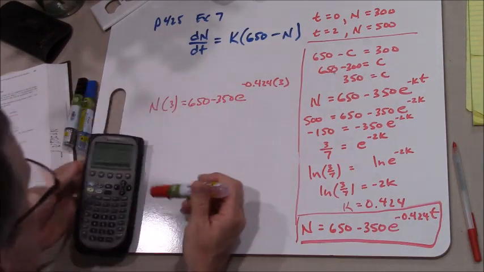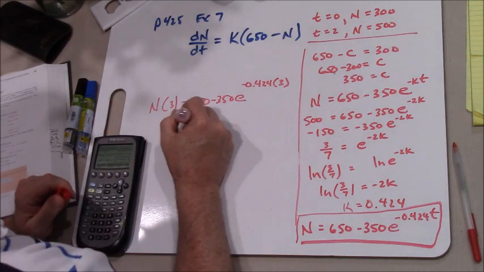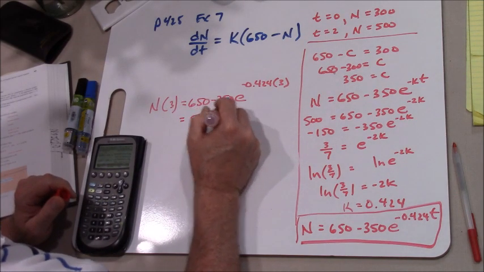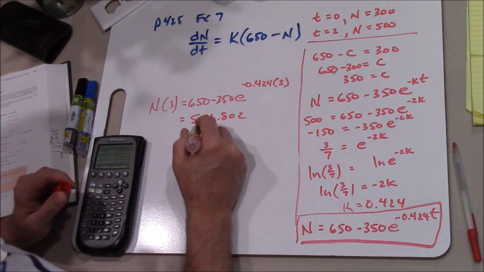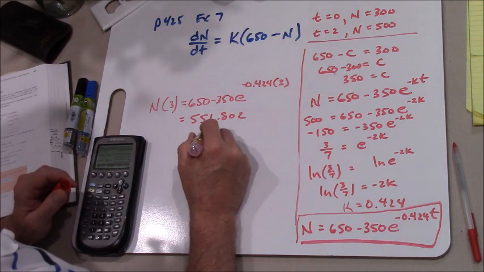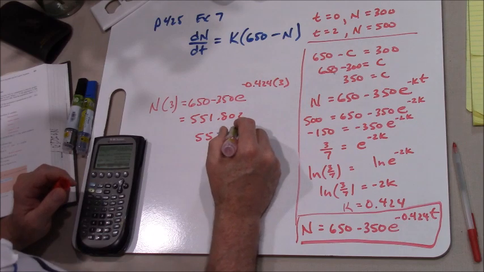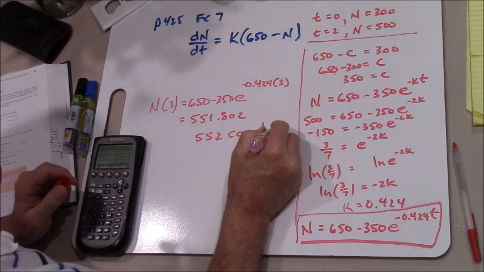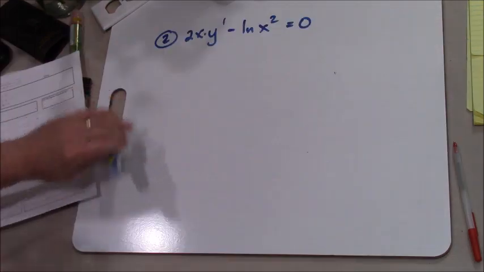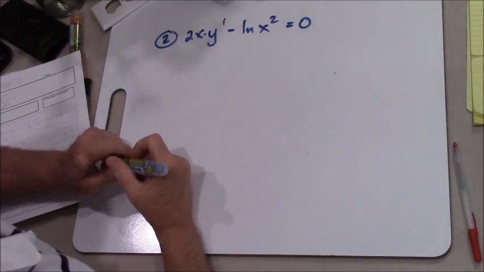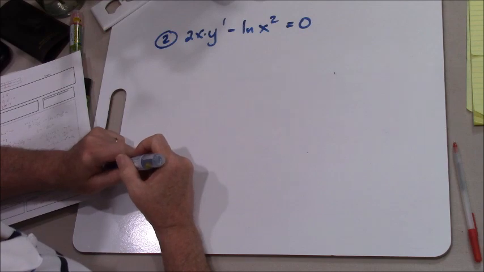And when you do that, you end up with 551.802, which we'll just call 552 coyotes. There's our answer.